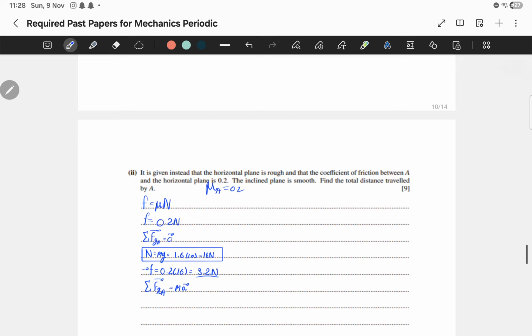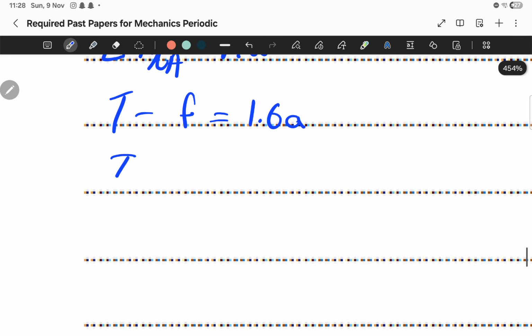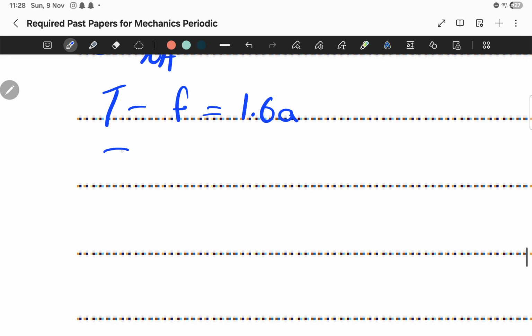So T minus F is equal to MA, and how much was M? 1.6 A. So T minus 3.2 equals 1.6 A.